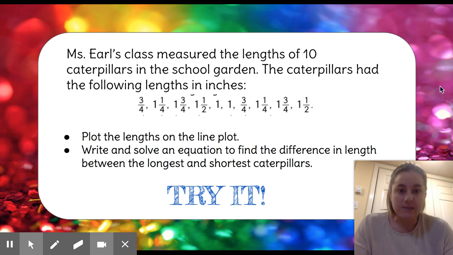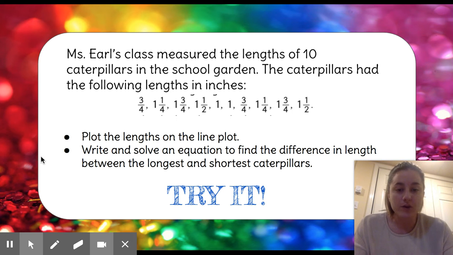Miss Earle's class measured the lengths of 10 caterpillars in the school garden. The caterpillars had the following lengths in inches: 3/4, 1 1/4, 1 3/4, 1 1/2, 1, 1, 3/4, 1 1/4, 1 3/4, 1 1/2. Plot the lengths on the line plot.